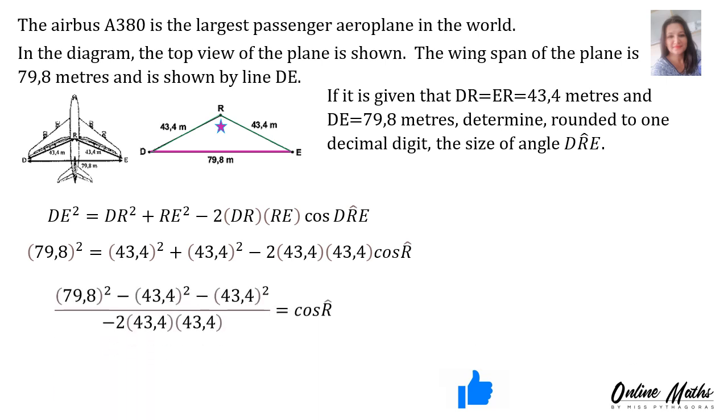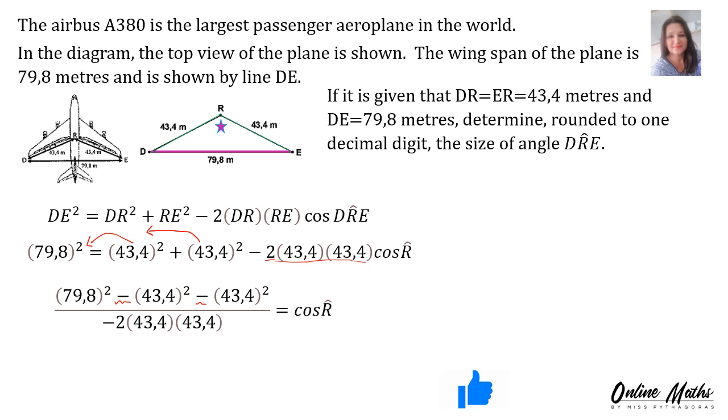I took the 43,4 squared across and it became negative 43,4 squared. I did exactly the same with the other 43,4 squared and it becomes negative. And then here on this one, I divided right through by negative 2 times 43,4 times 43,4 to make cos R the subject of the formula.